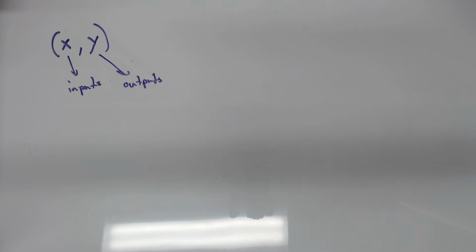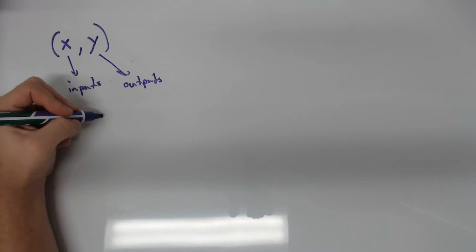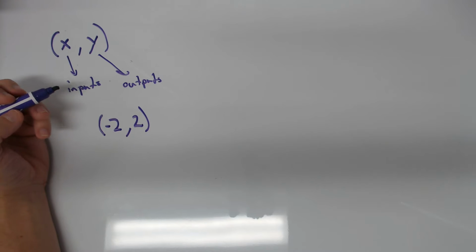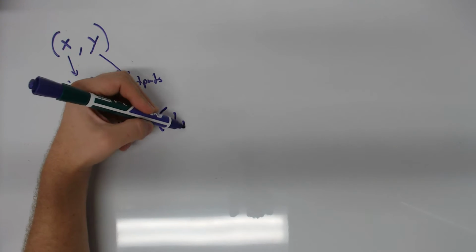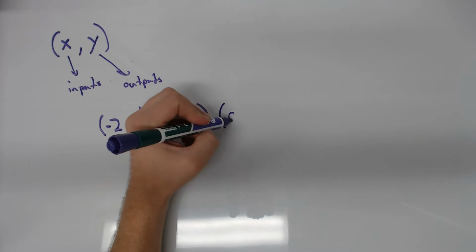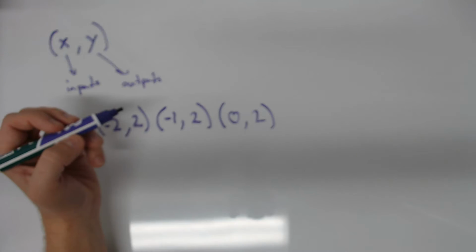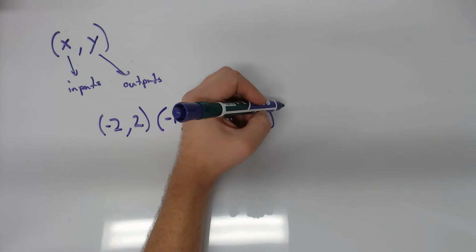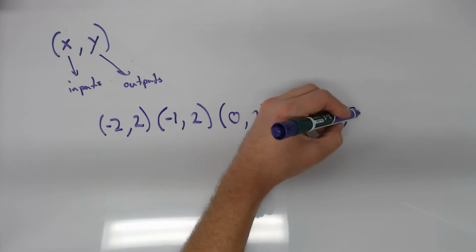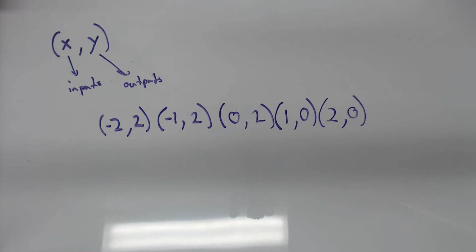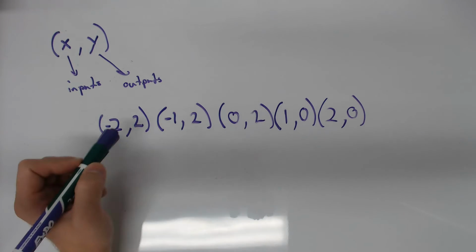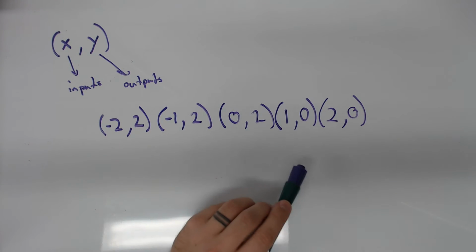All right, so first problem, we've got -2, 2. Try to look for a bad example when it happens. -1, 2, 0, 2, 1, 0, 2, 0. So the rules to our game: we can't have x values that match and y values that don't.